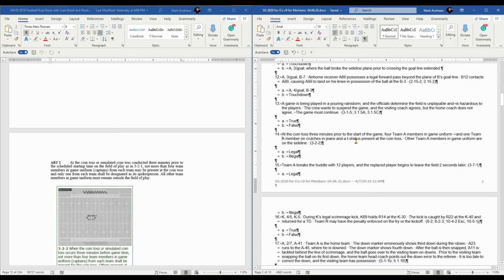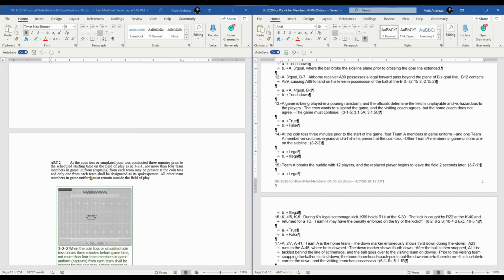Okay, so this goes to the rule 3-2-2. It says at the coin toss or simulated coin toss conducted 3 minutes prior to the scheduled start time, no more than 4 team members in game uniform, they're the captains, from each team may be present at the coin toss. And only one from each team shall be designated as its spokesman.